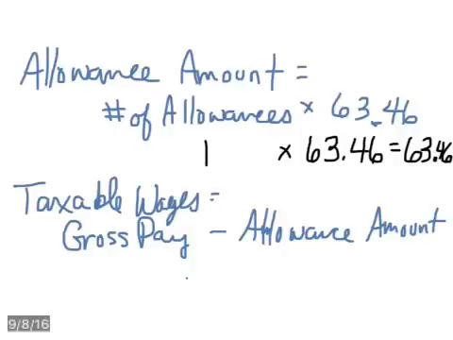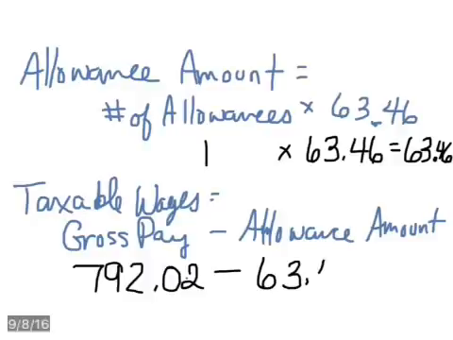So, how much did it say Bob made in the week on number 13? $792.02. That's okay. Minus $63.46. Where did I get the $63.46 from? The first thing we did. Yeah, Jordan.